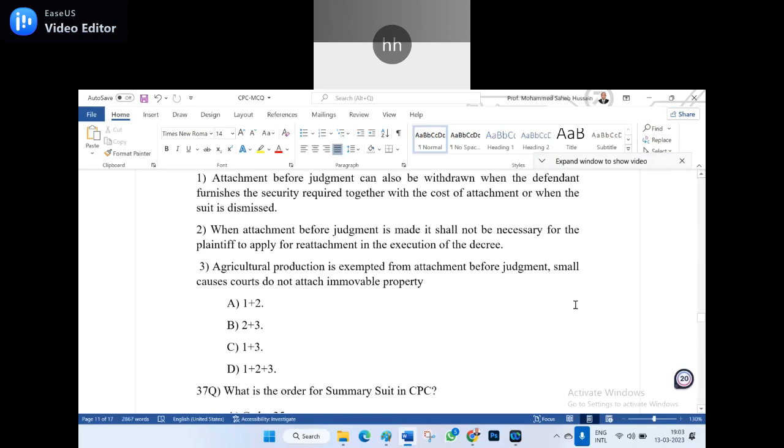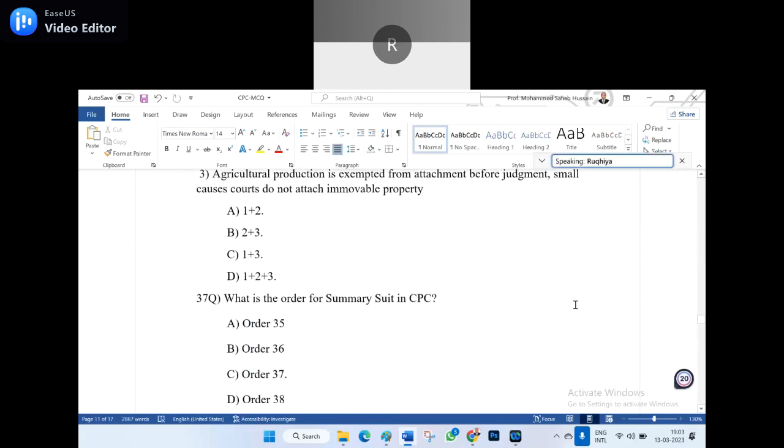Okay, sir. Now 37th question. Anyone can unmute and read the 37th question. What is the order for summary suit in CPC?